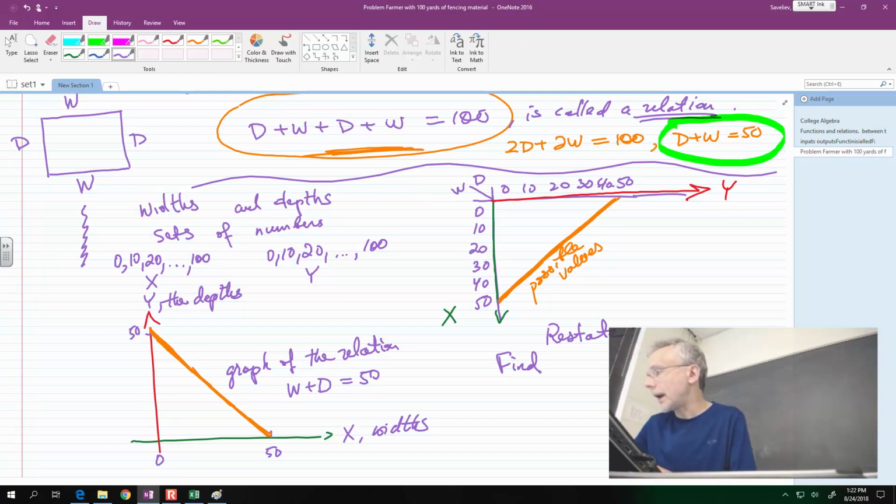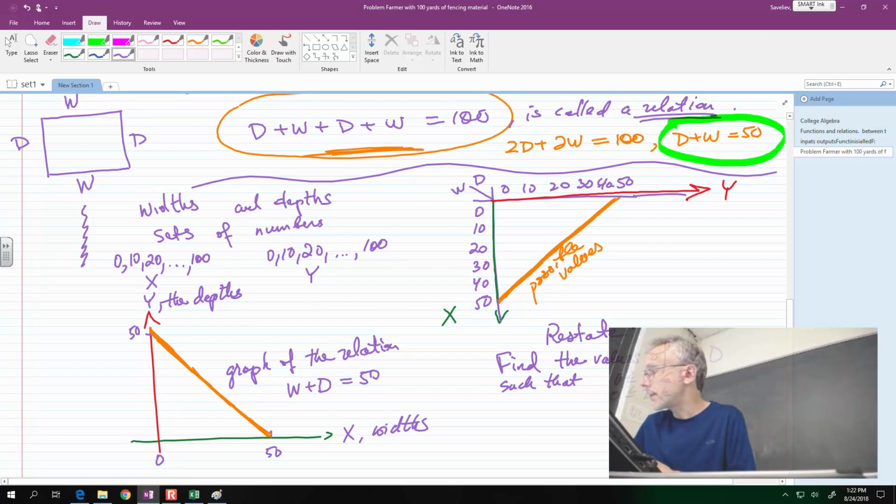So find the values of W and D. We still remember that this refers to width and depth, but really it's not going to be important, such that we want them to lie between 0 and 50. So these are like our sets.